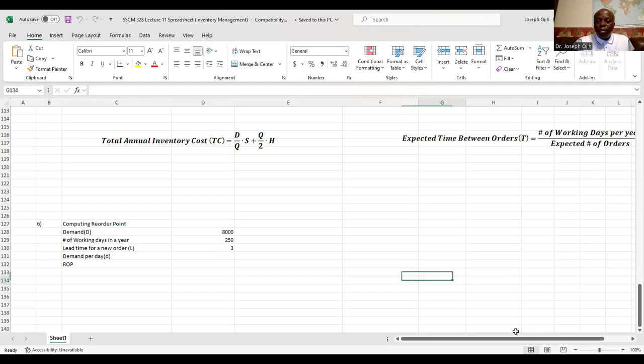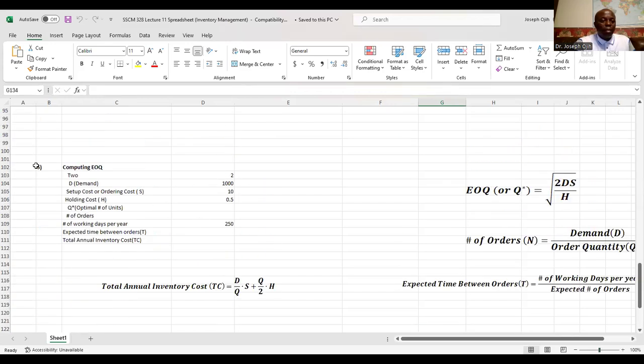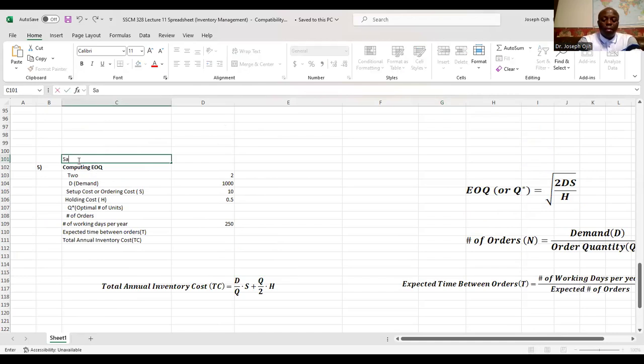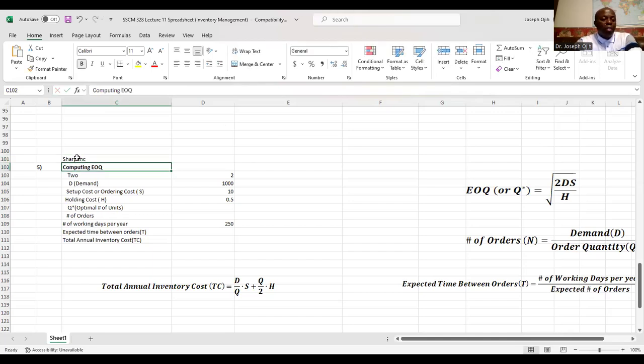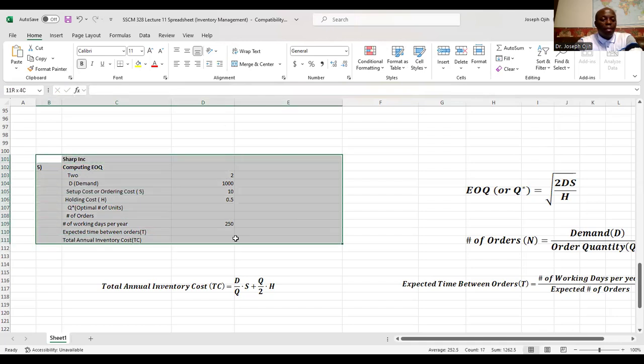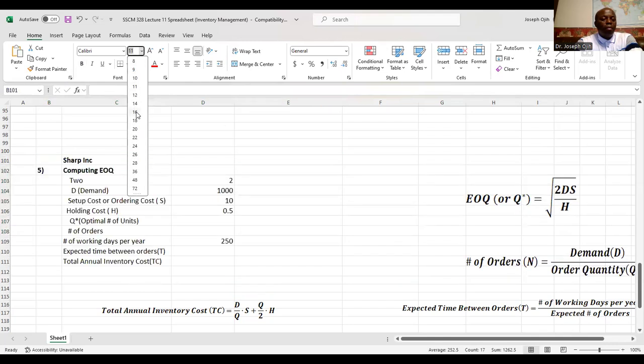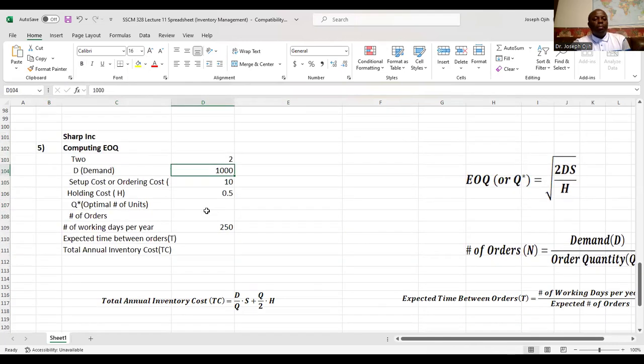Let me make it a little bit bigger. I'm going to write Sharp Incorporated right here. I'm going to make it size 16. Okay, good, that's better.